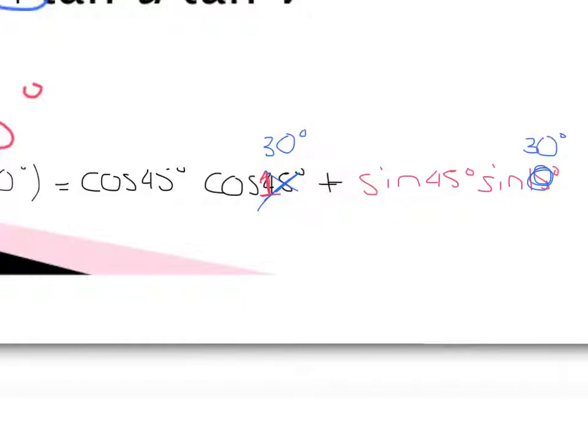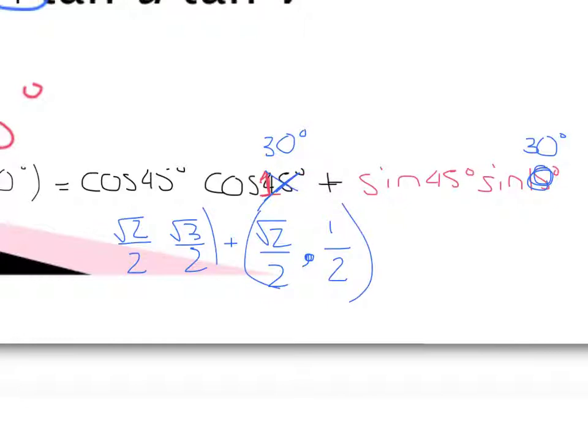Okay, so now I can use my unit circle to evaluate cosine at 45, 30, sine at 45, and sine at 30. Well, cosine of 45 degrees, that's root 2 over 2. Cosine at 30 degrees, that's root 3 over 2. Sine at 45 degrees is root 2 over 2. And sine at 30 degrees is a half.